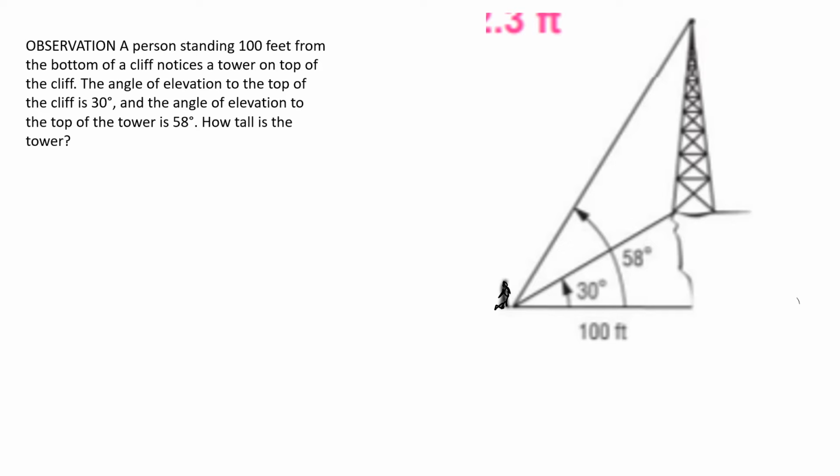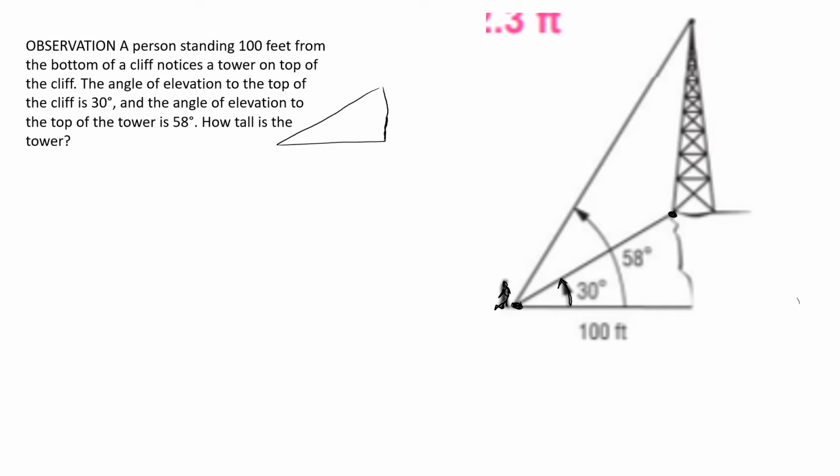So when he is standing here, from here till here, from the man's eye to the top of the cliff, the angle made is equal to 30 degrees. First of all, just understand this part.